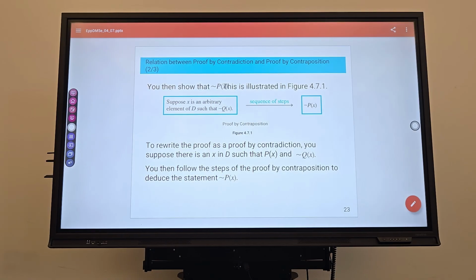So to rewrite the proof as a proof by contradiction, you suppose that there is an x in D such that P of x is true and Q of x is not true. Then you follow the steps of the proof by contraposition to deduce the statement, not P of x.